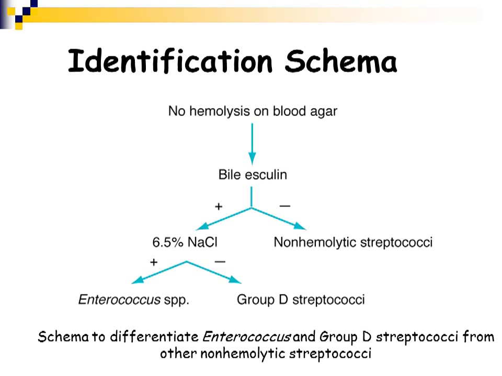If it is positive, you then need to do your 6.5% NaCl test to differentiate your Enterococcus from your group D. So Enterococcus can grow in the presence of 6.5% NaCl, and group D strep cannot. If the bile esculin test is negative, it's just another type of non-hemolytic streptococcus, and it's not a group D streptococcus or enterococcus species.